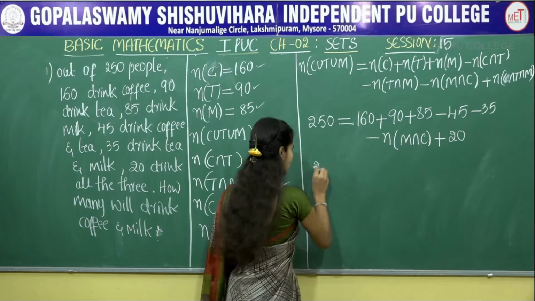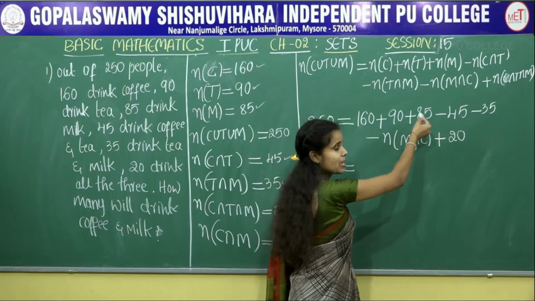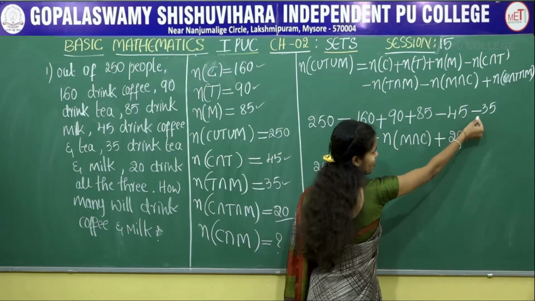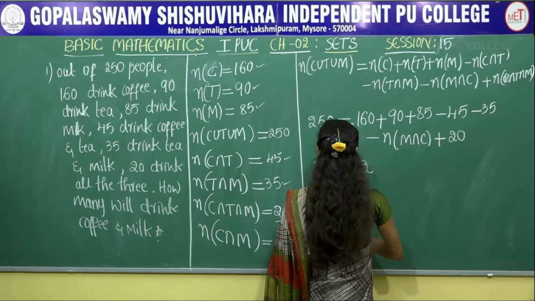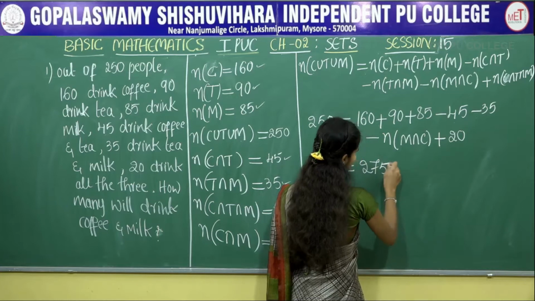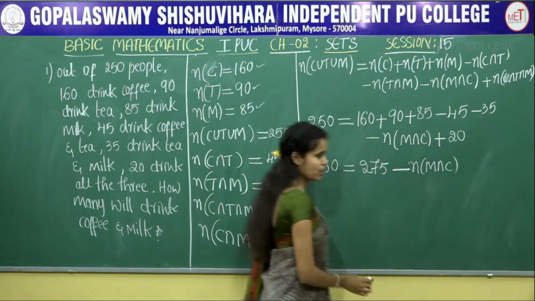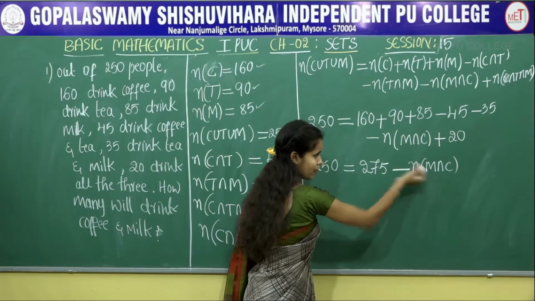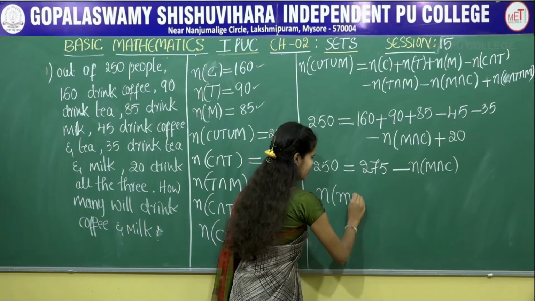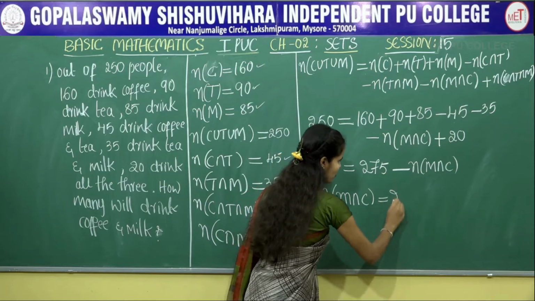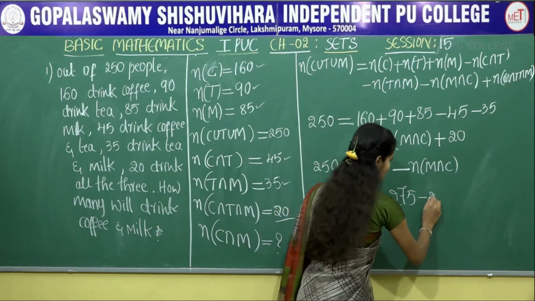Now simplifying, 250 is equal to 160 plus 90 plus 85 minus 45 minus 35 plus 20, which is 275, minus N of M intersection C. So we want N of M intersection C. Take this term towards the left side, it becomes plus N of M intersection C. Write 275 as it is, take this term towards the right side, it becomes minus 250.